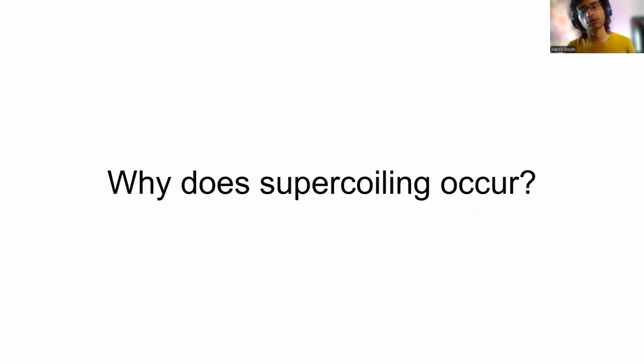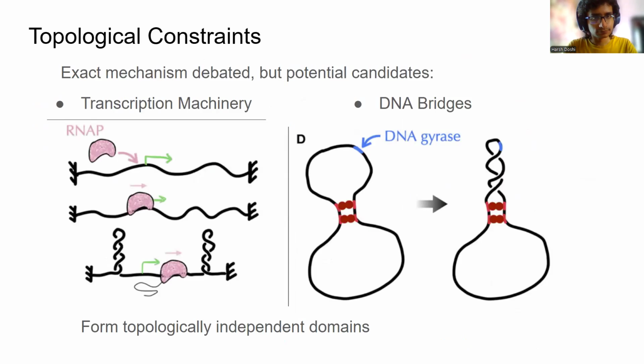Now I'll switch to a more biological context of why supercoiling occurs in bacteria. Before I go to the agents that cause the supercoiling, first let's establish how the DNA is constrained topologically, such that supercoiling can actually occur. There have been debates about the exact mechanism of these topological constraints, but some of them include the transcription machinery.